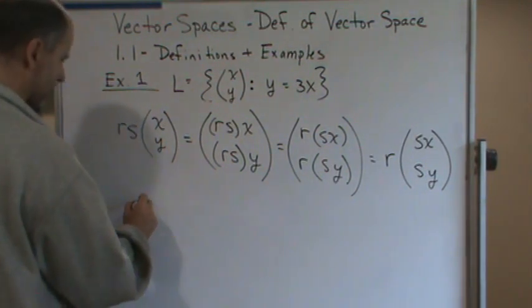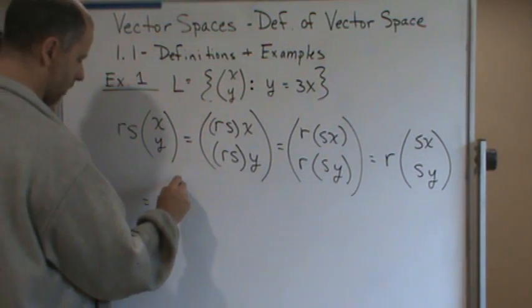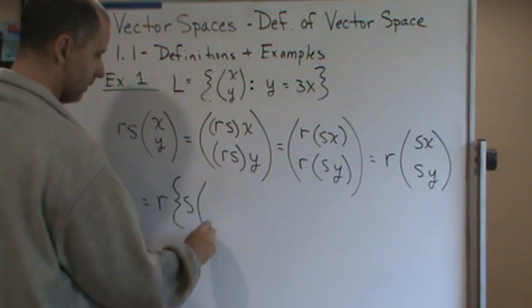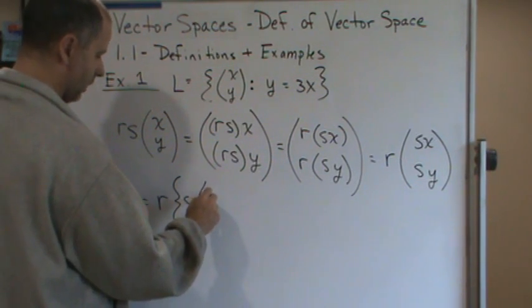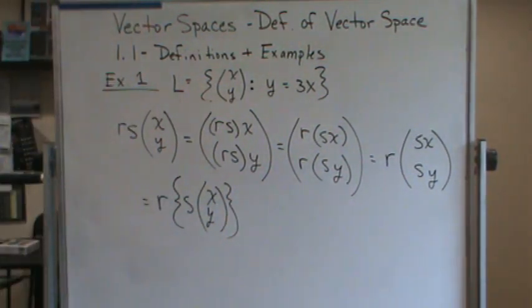And then I can write this as R times S times the vector (x, y), like so. And we're done with that one.